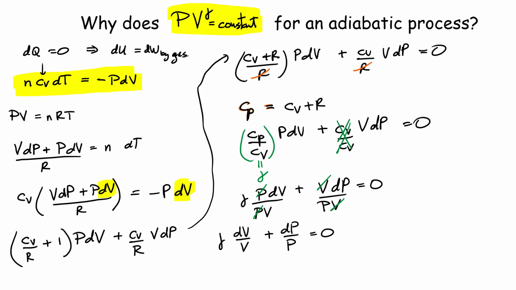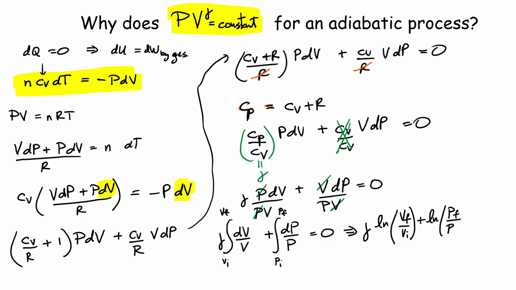Now you have to integrate this expression. I integrate here from some initial volume to some final volume, and this term from some initial pressure to some final pressure. What you end up getting is gamma times the natural log of VF over VI, plus the natural log of final pressure over initial pressure equals 0.